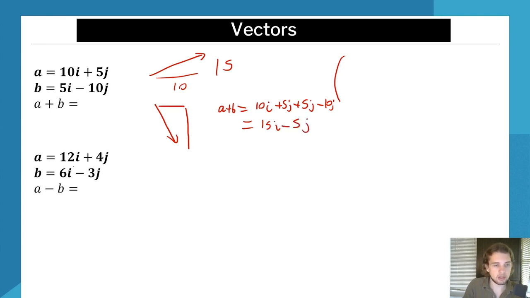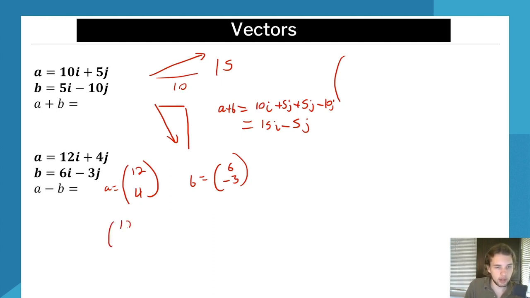Now let's do this for this question down here, but let's use matrix form instead. If I was to represent A in matrix or column form, I would say 12 and then 4. So that's A equals, and then we have B equals 6, minus 3. If I want to subtract B from A, that would be the vector that goes from B to A. So we can simply do it like this.